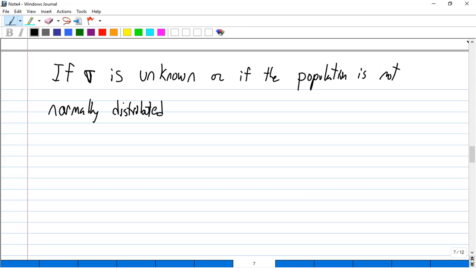All right. This is known as a T-distribution, or some books call this a student's T-distribution.